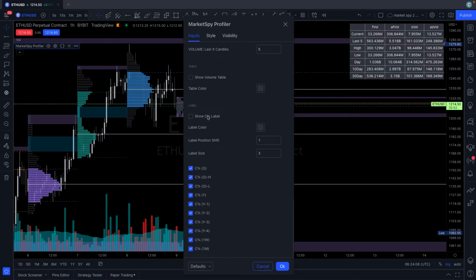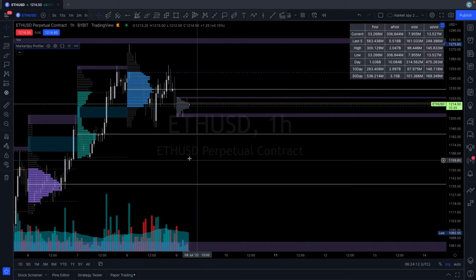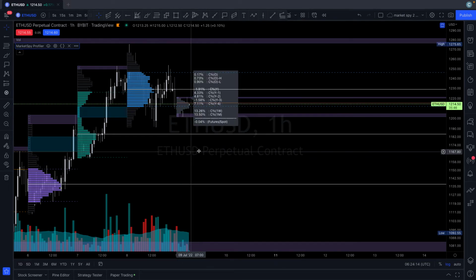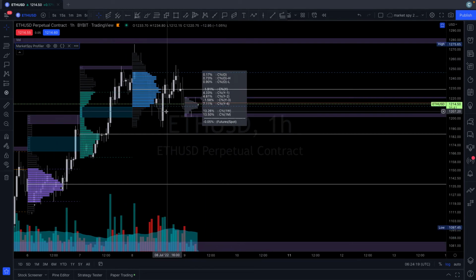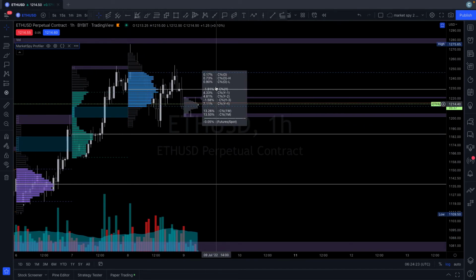And then we have candle percents. So let's turn that one on. What's really cool about this is it's showing you all of the real-time volume that is happening. So you can see all your change percent.